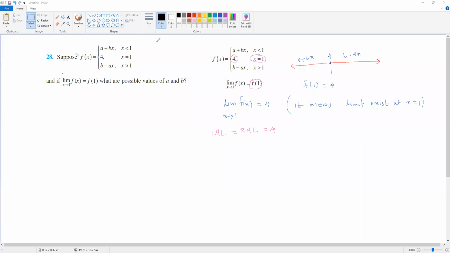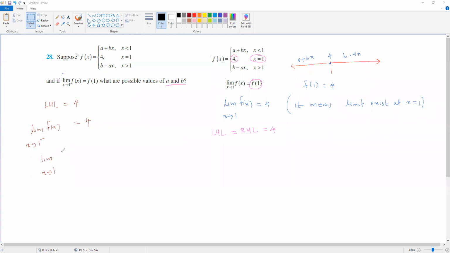Now what do we have to do? We need the values of a and b. We know that the left hand limit is equal to 4, meaning the limit of the function as x approaches 1 from the left side is 4. When approaching 1 from the left side, the function is a plus bx.